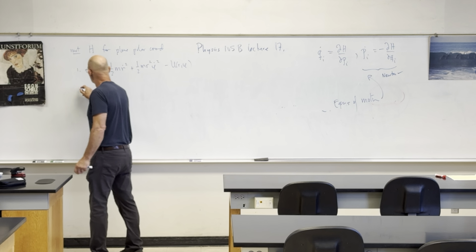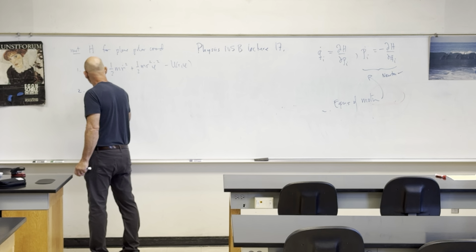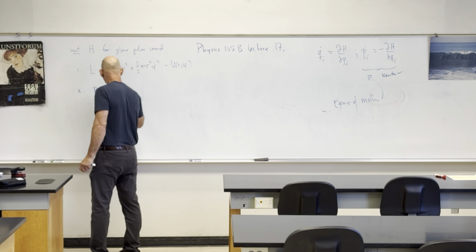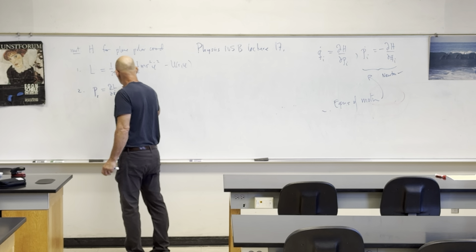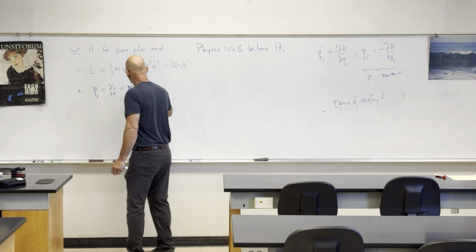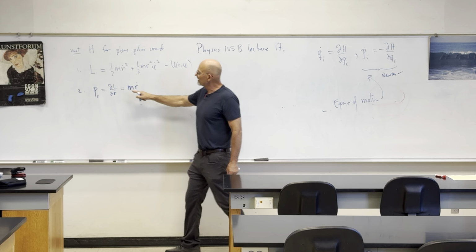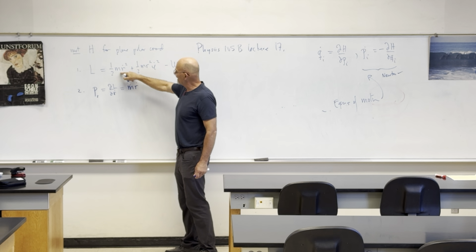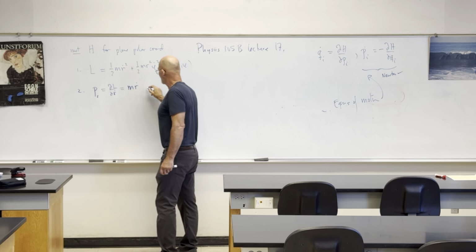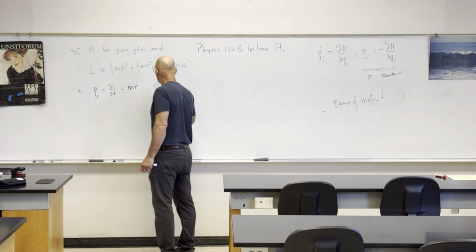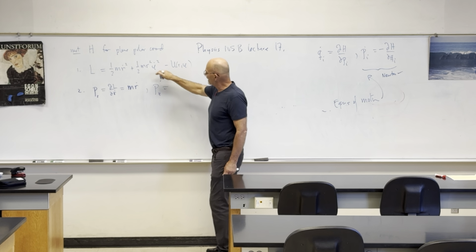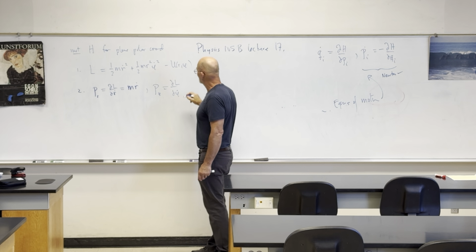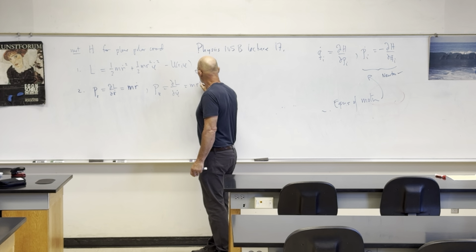Then the second step, we have p sub r equals dL/dr dot, and that is m r dot. I'm also going to do p sub phi, dL/dphi dot, which equals m r squared phi dot.